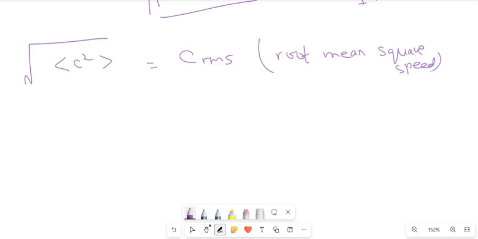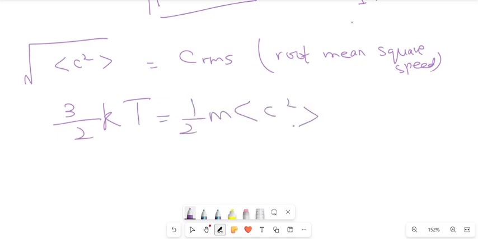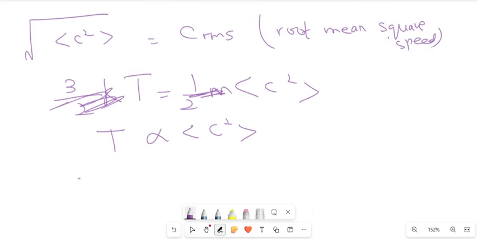So if you use this formula, 3 by 2 KT equals 1 by 2 mC square, and since all of these are constants, I want to remove this equals sign. I will cut all of these constants and I'll have this. And then all I say is C RMS. We just want you to see the relationship between C RMS and temperature.